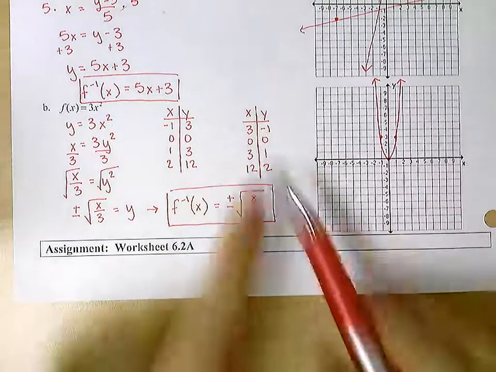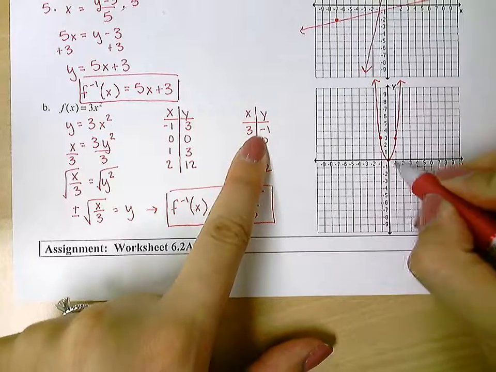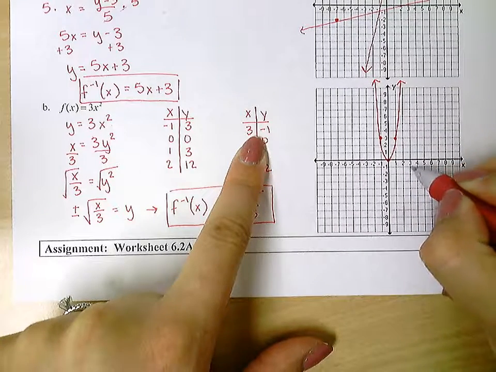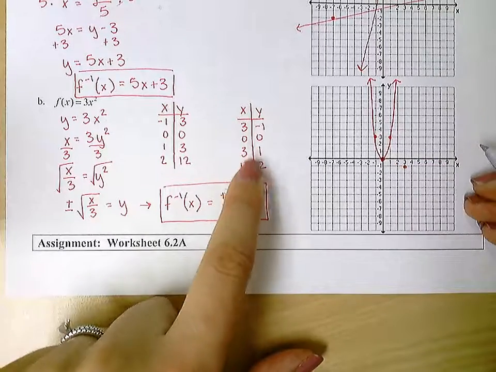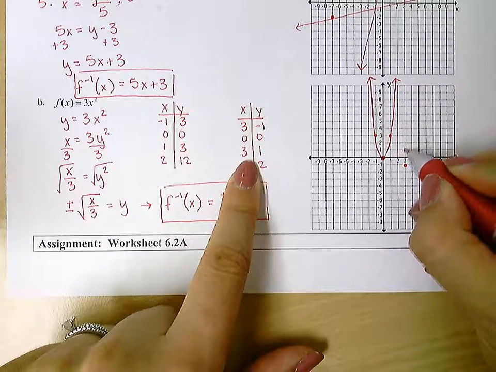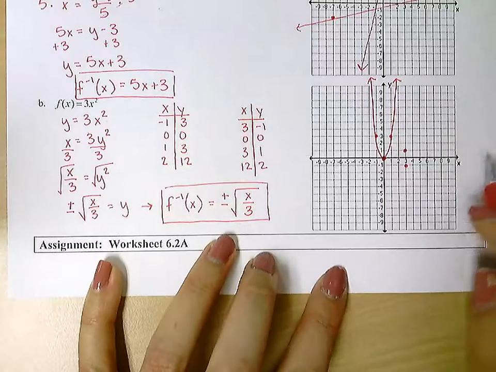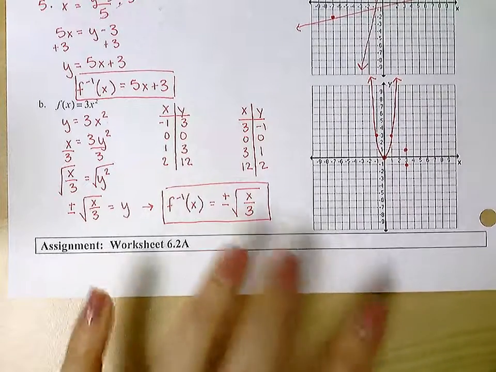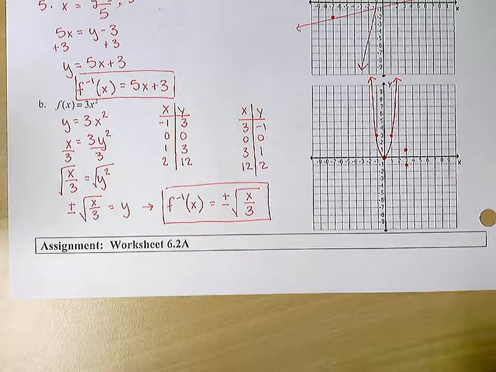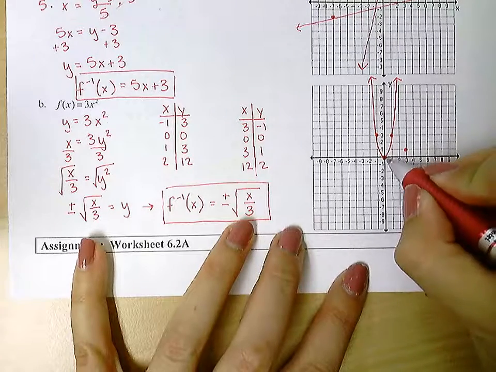So from here, I can plot each of these. So I have right 3, down 1. I have (0, 0). I have (3, 1). And then (12, 2). But again, that one goes off. So with this one, it is sideways. It's a sideways parabola.